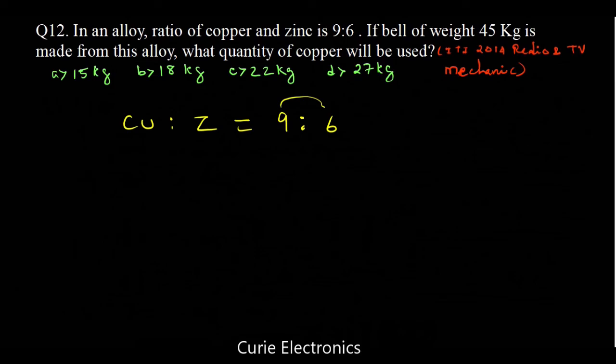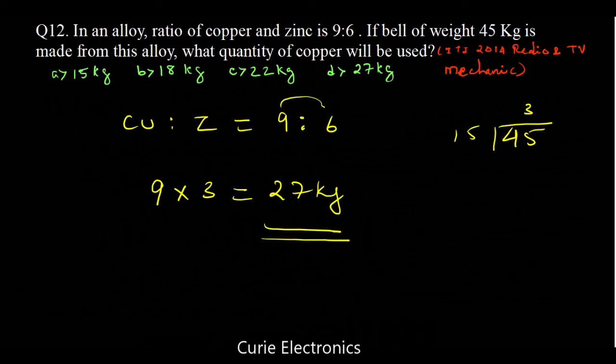Sum these ratios, then divide the total: 45 upon 15, we will get 3. So 3 is one portion. Then what do you have to find? Copper, that is 9. So you get 9 multiplied by 3, 27 kg. So 27 kg of copper will be used.